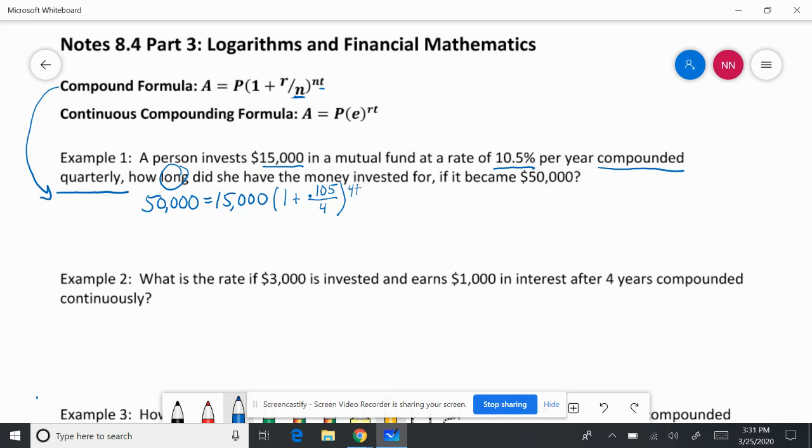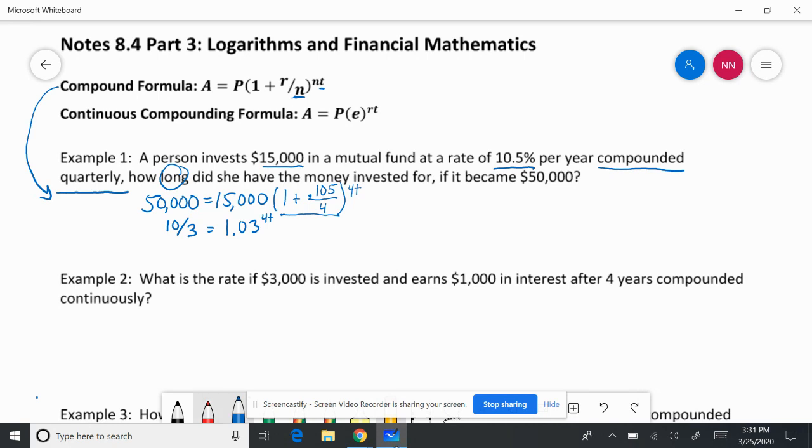We're going to divide the 50,000 by 15,000. I'm going to keep it as a fraction just to make sure I have an exact answer. So that would be 10 thirds is equal to. Then I'm going to calculate my base number. And remember, I keep the exact on my calculator. I'm just going to write the rounded here and then raise to the 4t.